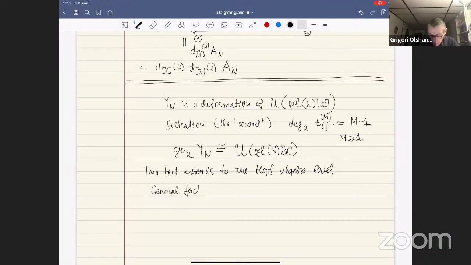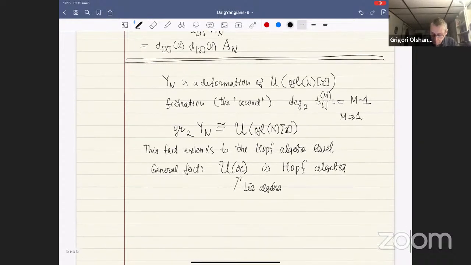The general fact is that for any Lie algebra, its universal enveloping algebra is a Hopf algebra, which is co-commutative. The coproduct is defined on the level of the generators, that is, the elements of the Lie algebra, as follows.